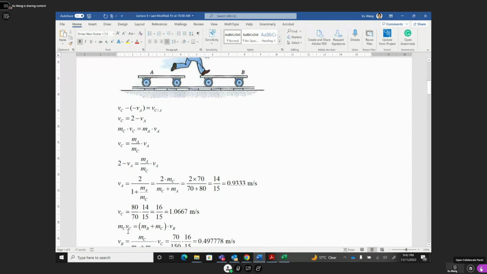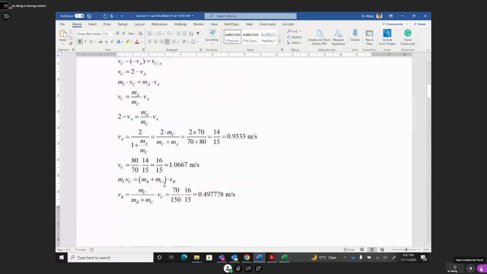So M_C V_C equals the combined M_B plus M_C multiplied by V_B. Then you can solve V_B equal to this one divided by M_B plus M_C.